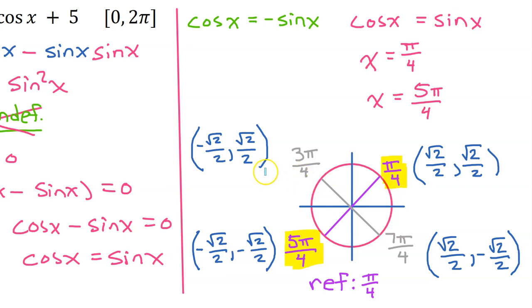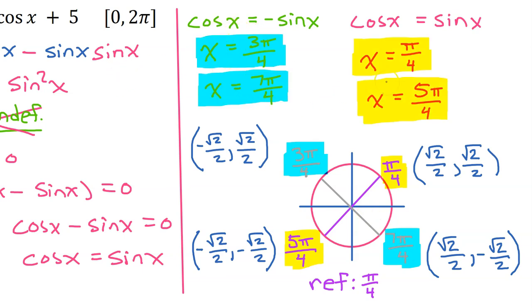Specifically, in the second quadrant, cosine is negative radical 2 over 2, and sine is positive radical 2 over 2. In the fourth quadrant, cosine is positive and sine is negative. So we have just what we're looking for. Cosine and sine are equal in value, except for one is positive and one's negative. So 3 pi over 4 and 7 pi over 4 are the solutions to the green equation.